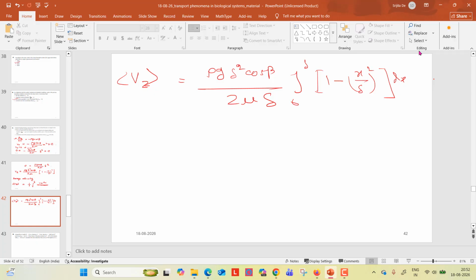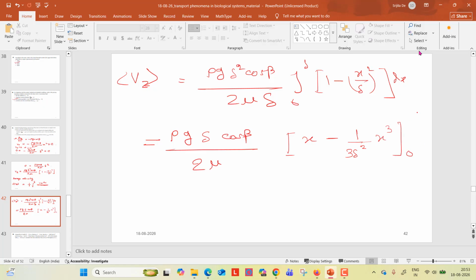So if you integrate it, it will be like rho g delta cos beta by 2 mu into x minus, 1 by delta square is the common, so it will be 1 by 3 delta square into x cube, right? From 0 to delta.